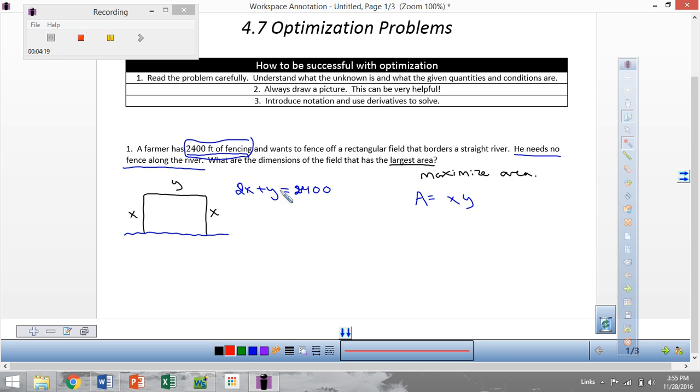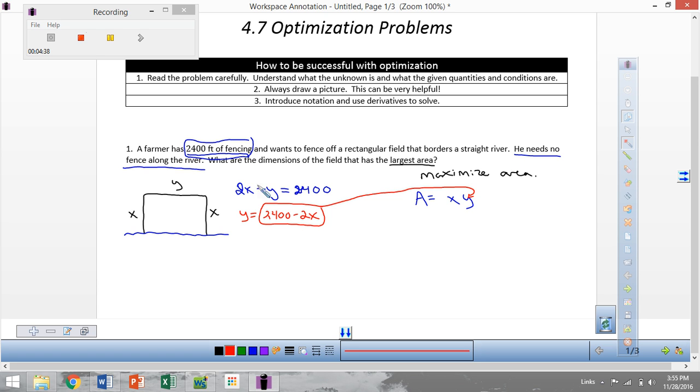And what I'm going to do is solve this for y. So I'm going to subtract the 2x, so y would equal 2,400 minus 2x. And then since that's what y equals, I'm going to plug that in for the y over here in our formula that we're trying to maximize.